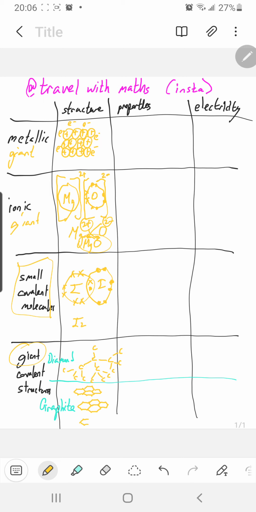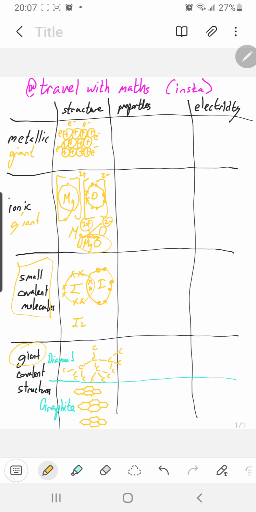So in graphite, each carbon is bonded to 3 other carbon atoms, but carbon is capable of making up to 4 bonds, right? If carbon is bonded to 3 other carbon atoms, that means 3 electrons are busy.